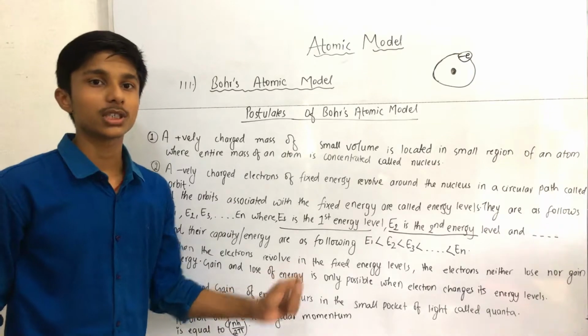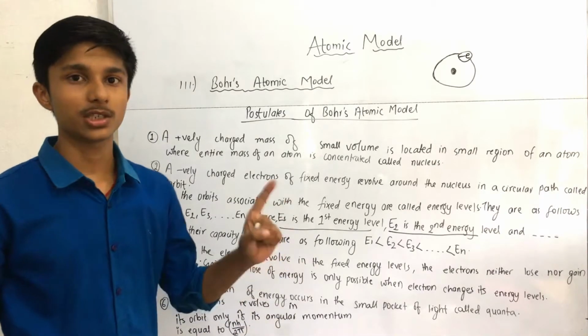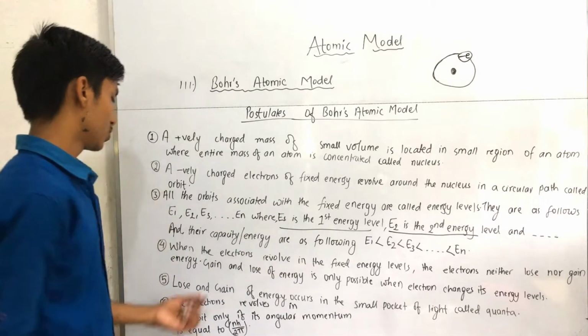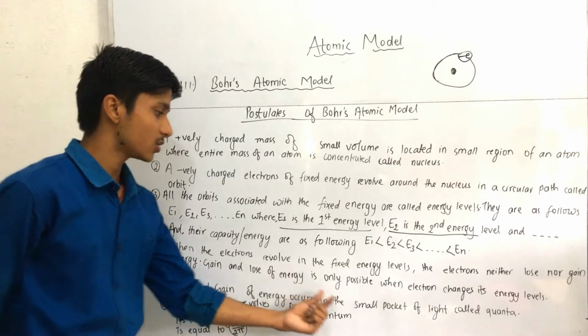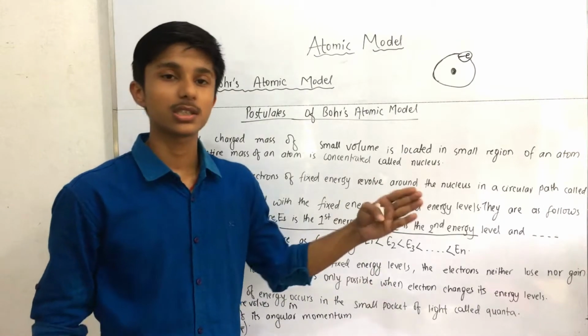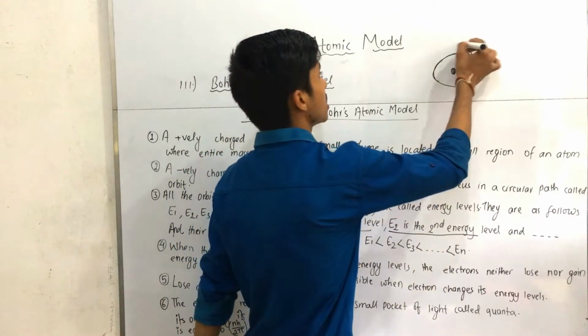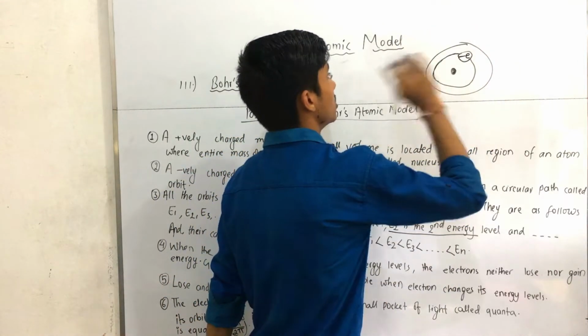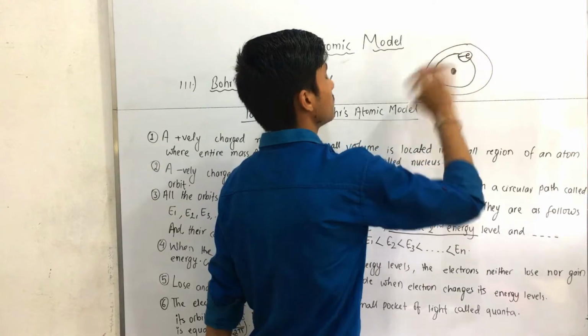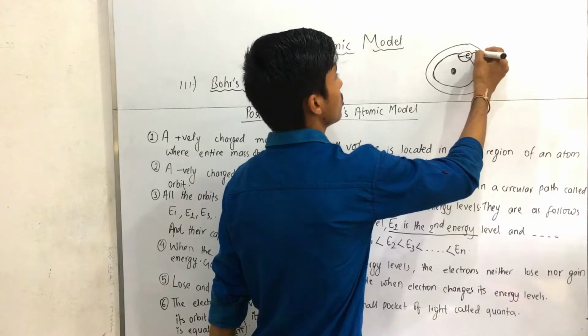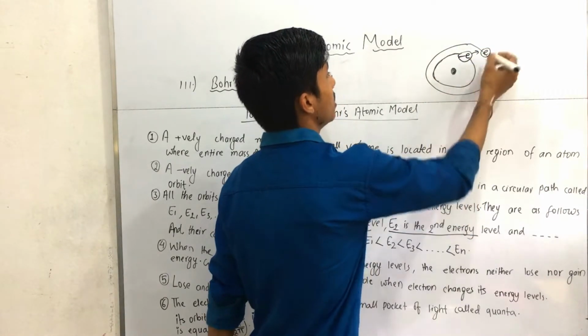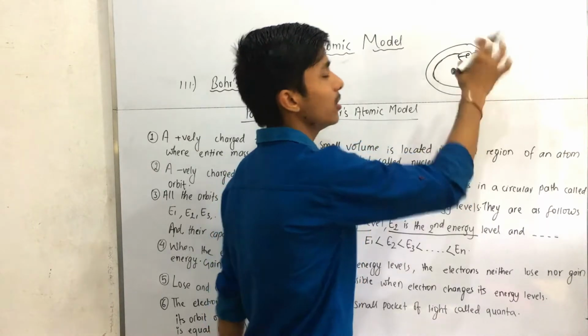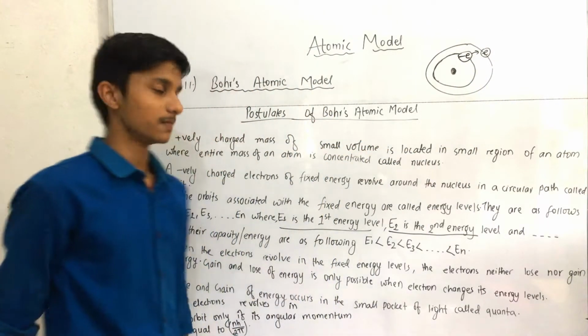Gain and loss of energy is only possible when the electron changes its energy level. When the electron revolves in a fixed energy level, it has constant energy. Suppose this is the second energy level. Only when the electron changes its energy level does it gain or lose energy.